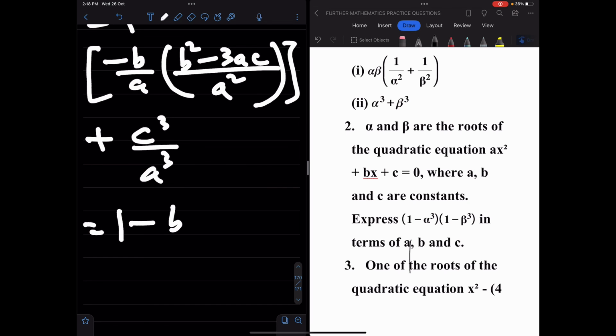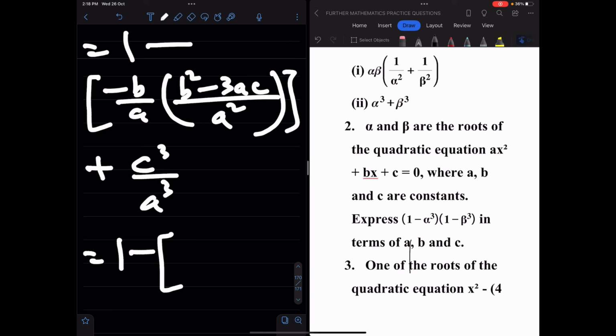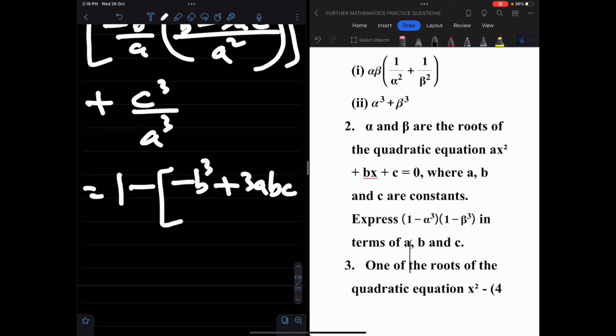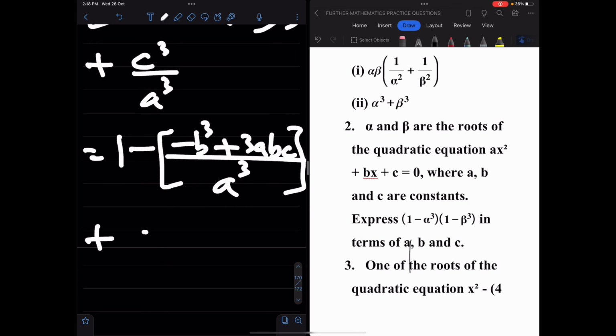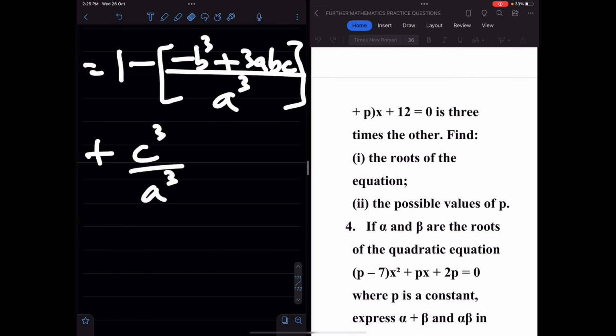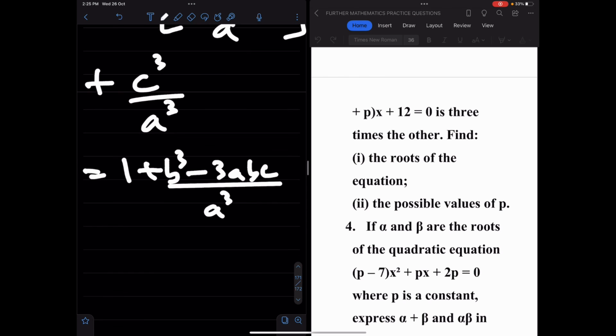There should be a bracket here: 1 minus, open bracket, minus b cubed plus 3abc over a cubed plus c raised to power 3 over a raised to power 3, and that becomes 1 plus b cubed minus 3abc over a cubed plus c cubed over a cubed.